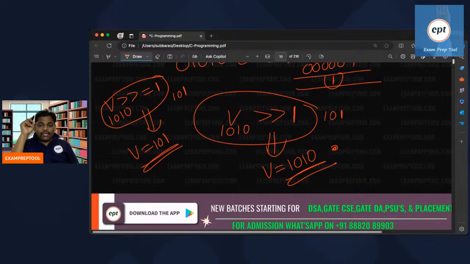Someone is saying the OR operator. Let's see this. Can you see the OR operator? 1 0 1 0, OR operator. How to write the OR operator?